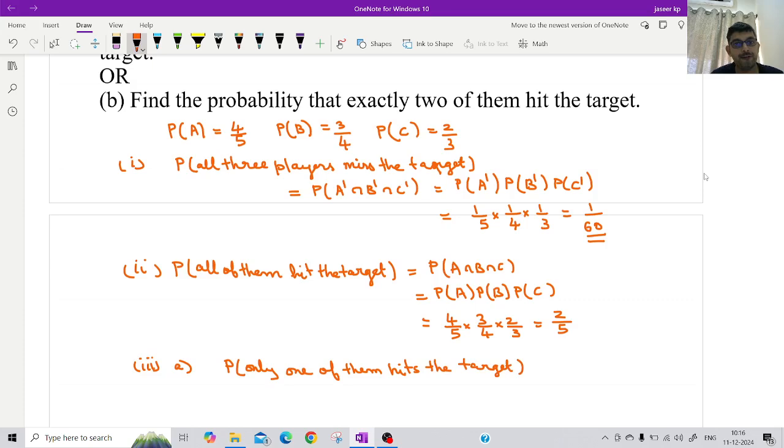So there are three different cases. So when A is hitting, B and C should not hit. So A intersection B dash intersection C dash, that's the first case. Second, B is hitting, so A and C are not hitting. And third case, C is hitting the target, so that is A dash intersection B dash intersection C.